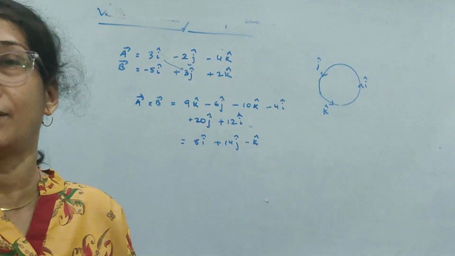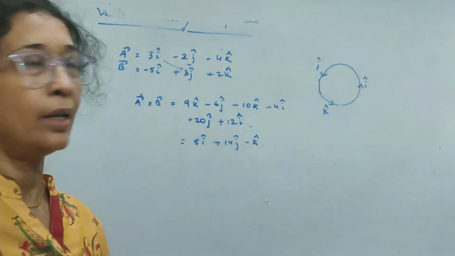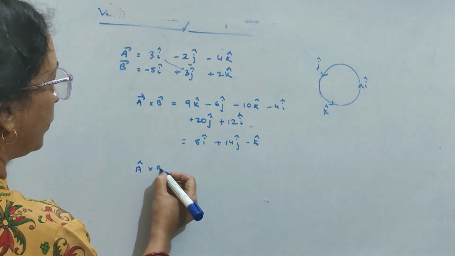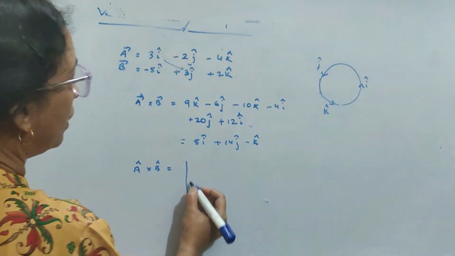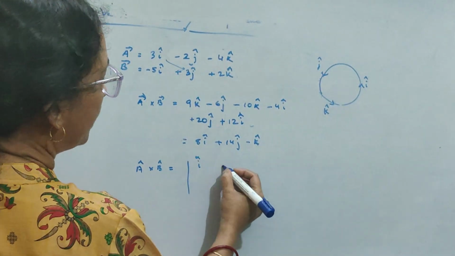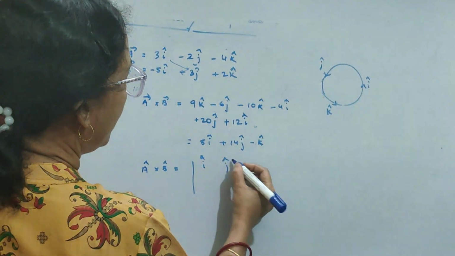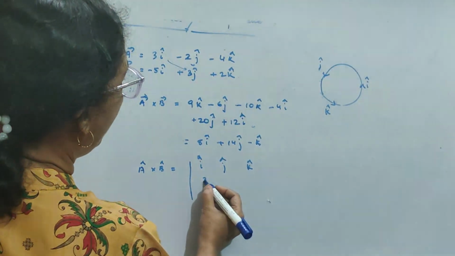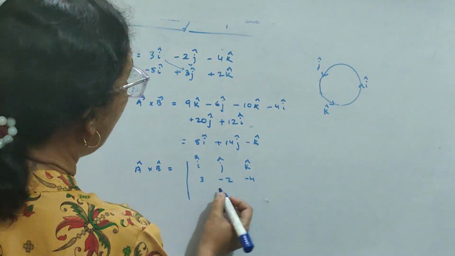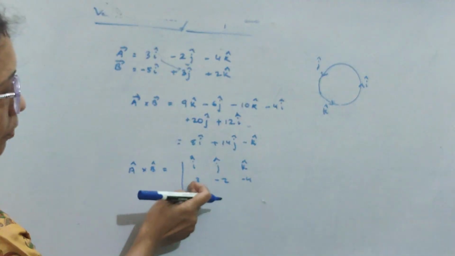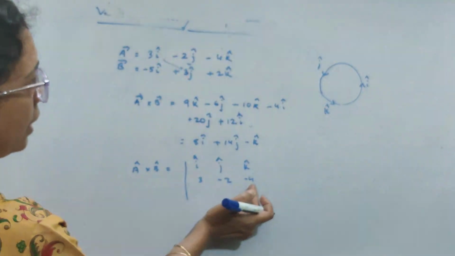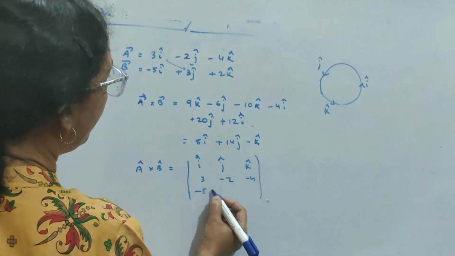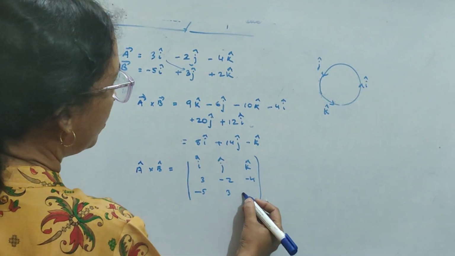If you find this overwhelming, there is a trick. You can use the determinant. A cross B can be written in determinant form as i, j, k, then 3, minus 2, minus 4, the x component of A, y component of A and z component of A, and the components of B, minus 5, 3, plus 2.